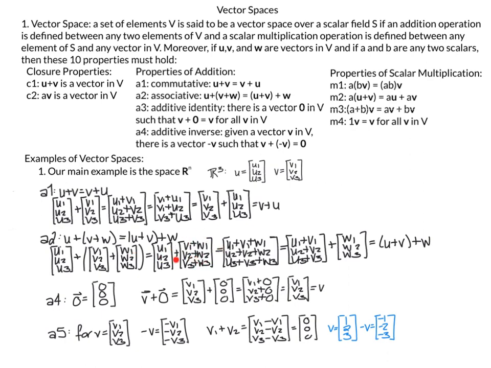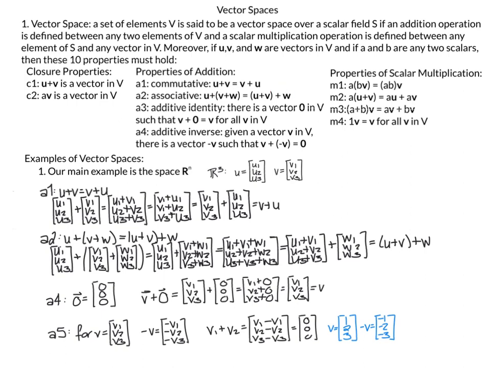And then to add these 2 together, by definition of vector addition, that's just U1 plus V1 plus W1, U2 plus V2 plus W2, etc. And now because these are just real numbers, I don't even have to rearrange them. I can just separate this out to U1 plus V1, U2 plus V2, U3 plus V3, plus W1, W2, W3, right? Because these 2 are equal by the rules of vector addition. And now I have U plus V grouped together plus W.